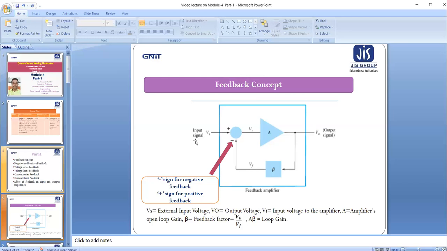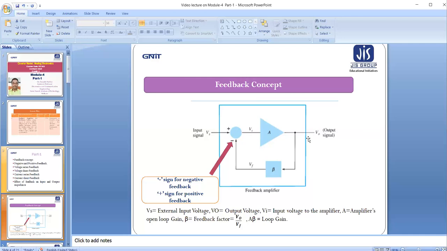I have applied an original sine wave or alternating signal, which is designated as Vs. So Vs and Vf will be compared with each other, or we can say that their comparative result will go to the actual amplifier, then it will produce the necessary output.